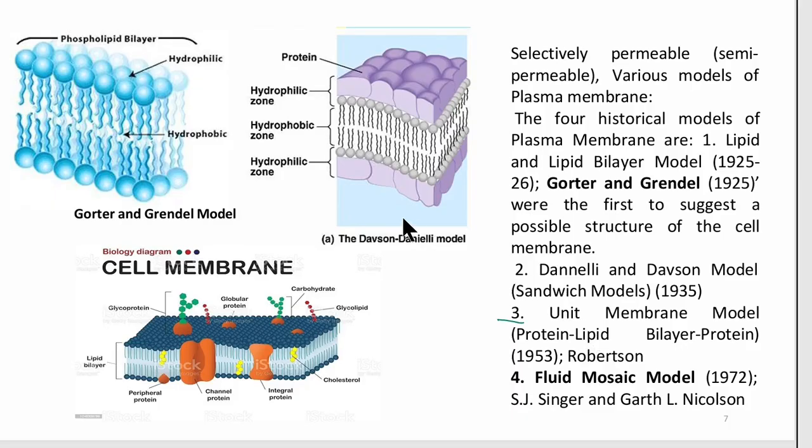He forwarded his unit membrane hypothesis, in which he stated that all cellular membranes have a similar trilamellar structure consisting of a lipid bilayer between two layers of protein.